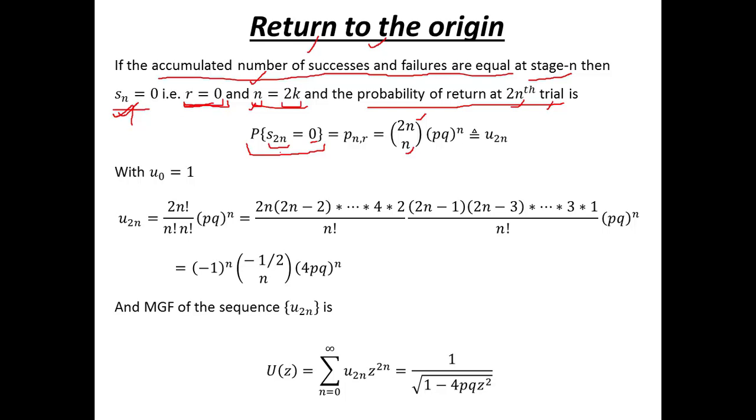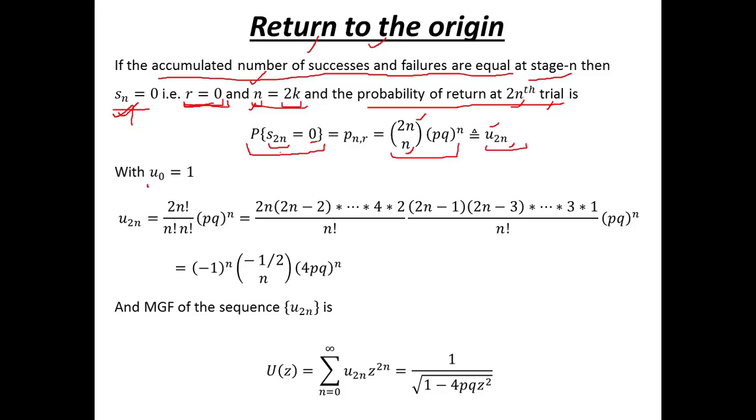So 2n choose n, and p and q both multiplied to the power n, because p to the power k is p to the power n, and q to the power n minus k is q to the power 2n minus n, so (pq) to the power n. And let us say we represent this quantity or this series by u2n. So u is the representation and the 2n says that we are considering this quantity after the 2nth trial.